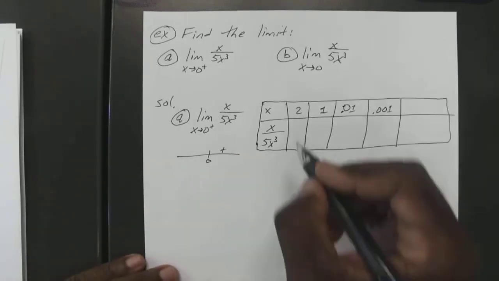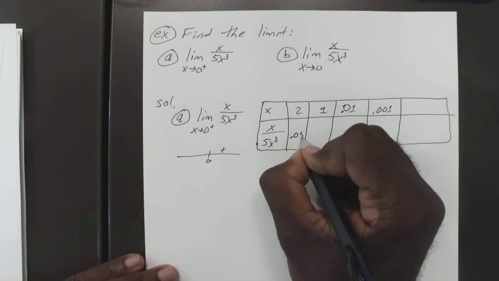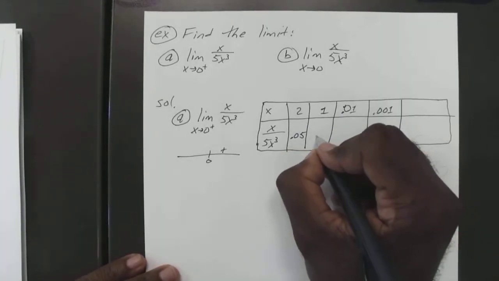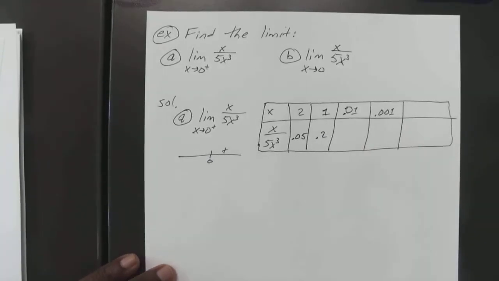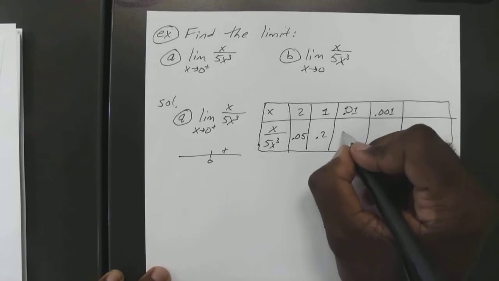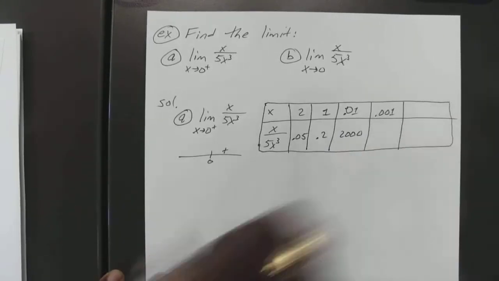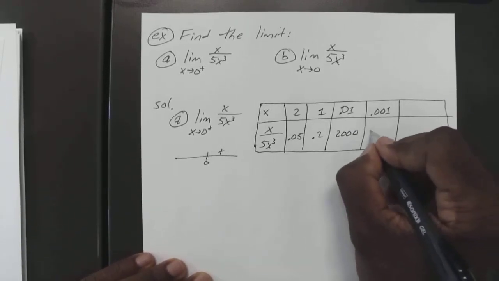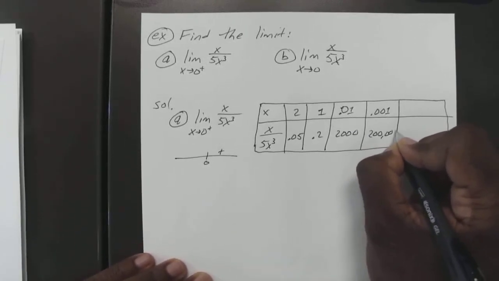If you plugged in 2, you'd actually get 0.05. If you plugged in 1, you'd get 0.2. But if you plugged in 0.01, you'd see it shoot up to 2,000. If you plugged in 0.001, you'll see it shoot up to 200,000.